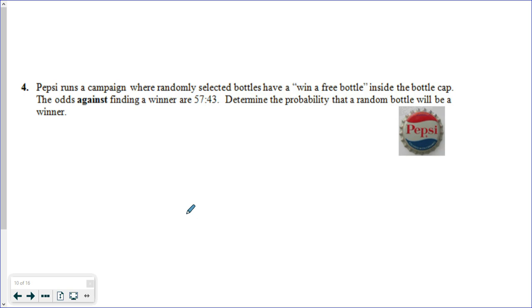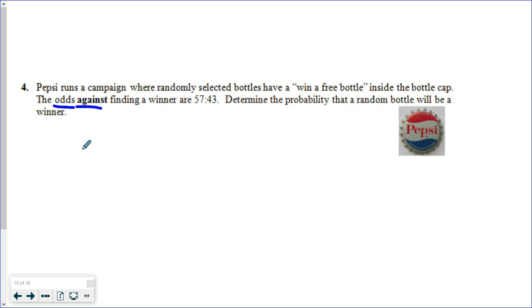So the odds against finding a winner are 57 to 43. Determine the probability that a random bottle will be a winner. So lots of different things that we need to kind of tie in here. So odds against finding a winner are 57 to 43.